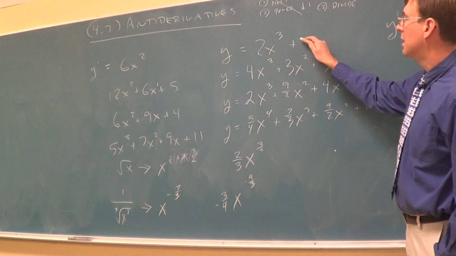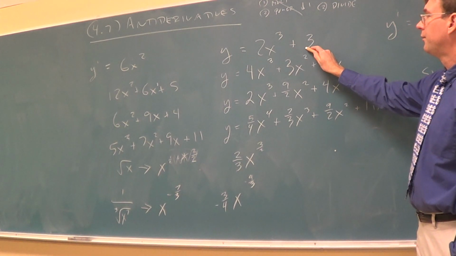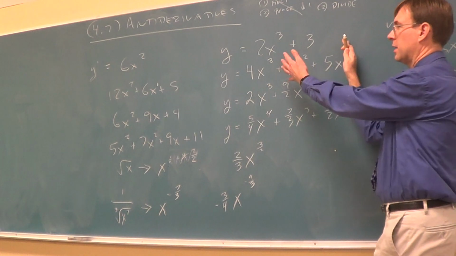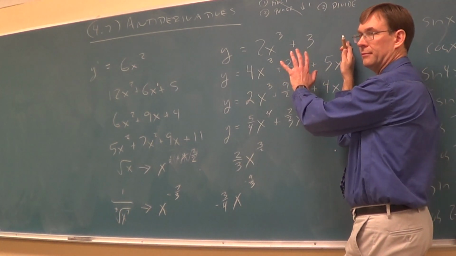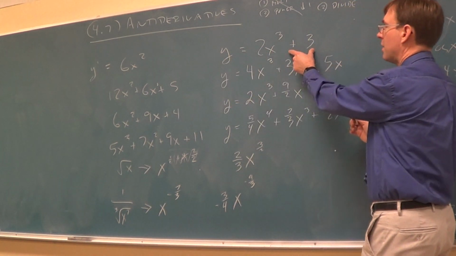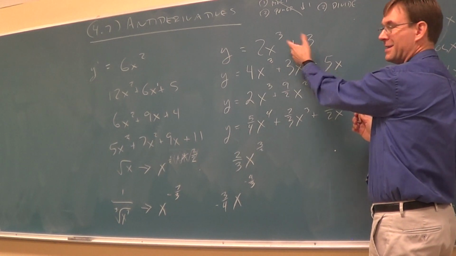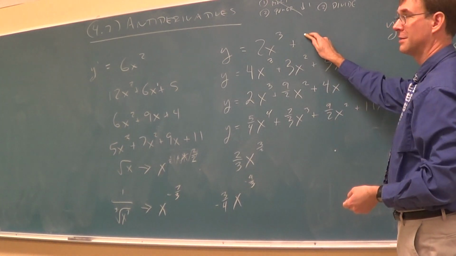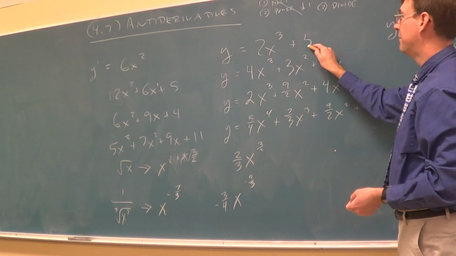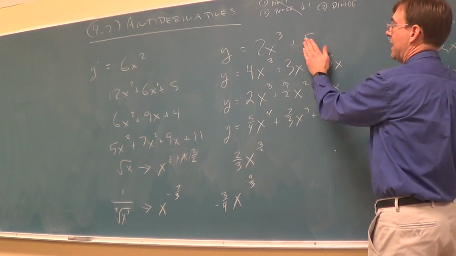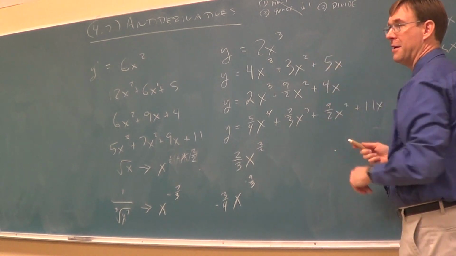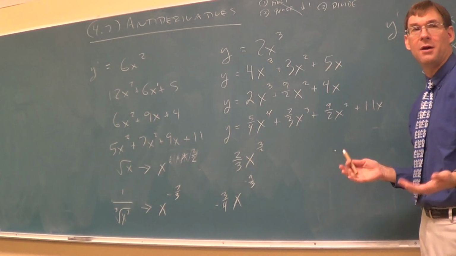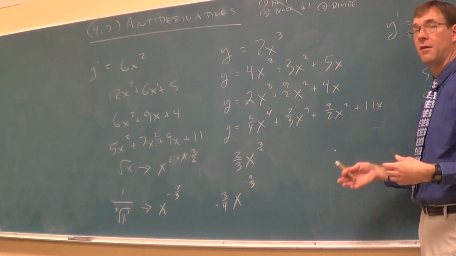This could be like plus 3. How can we check all the answers we just made? By doing the derivative. What would happen if you do the derivative of this? It just disappears. So maybe it was a 3, or maybe it was a 5, or maybe it was never even there. There's no way to know if that number was or wasn't there unless you have more information.